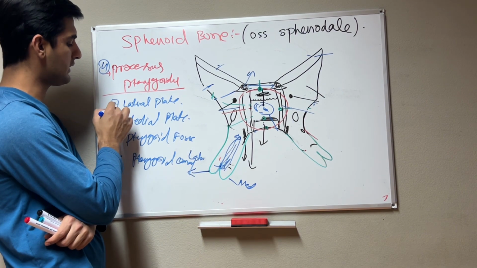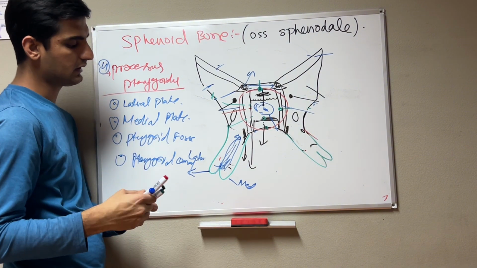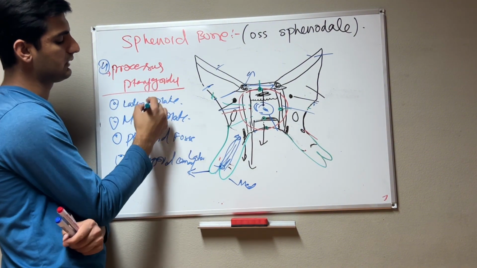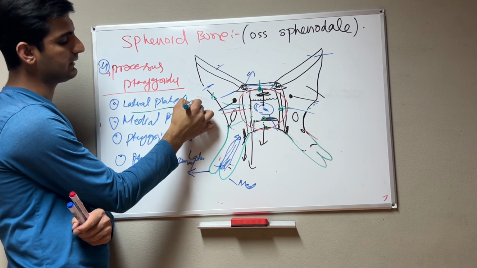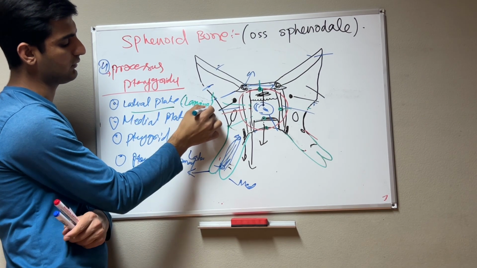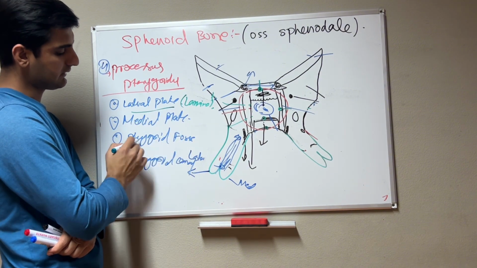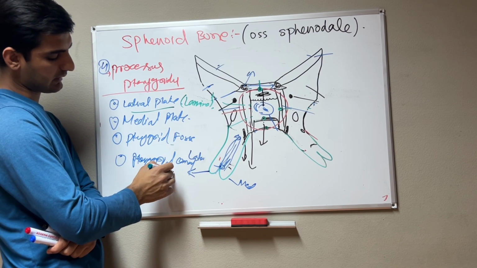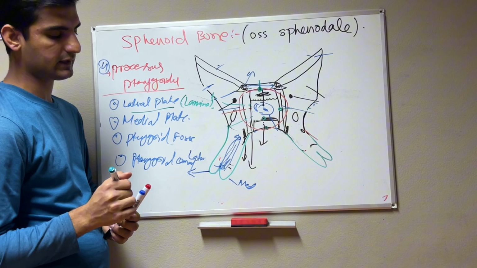Remember, there are four formations in the pterygoid process. In Latin, plate means lamina: lamina lateralis, lamina medialis, fossa pterygoidea, and canalis pterygoideus. These are the four formations you find in the pterygoid process.